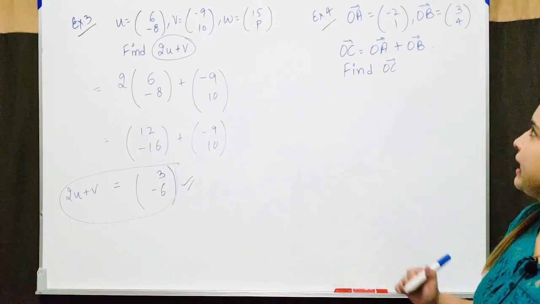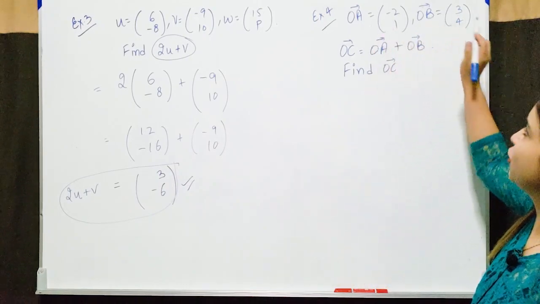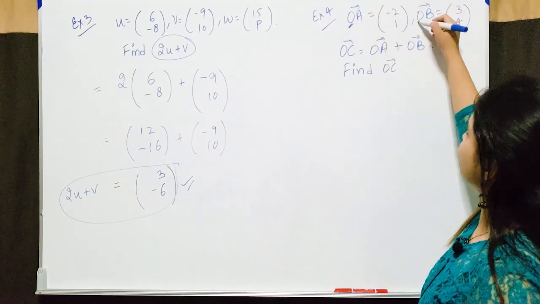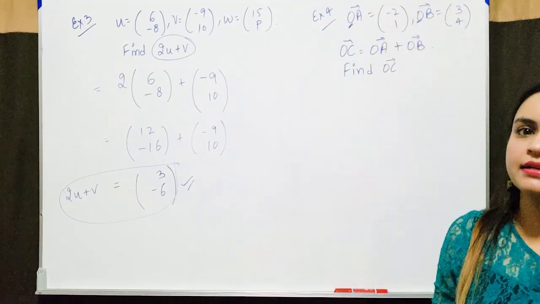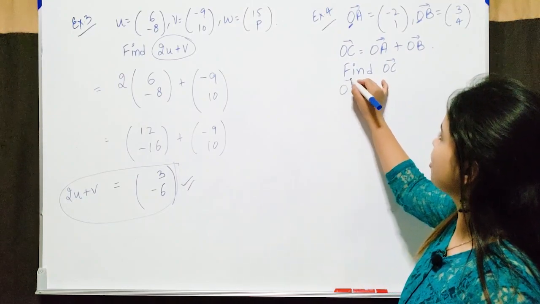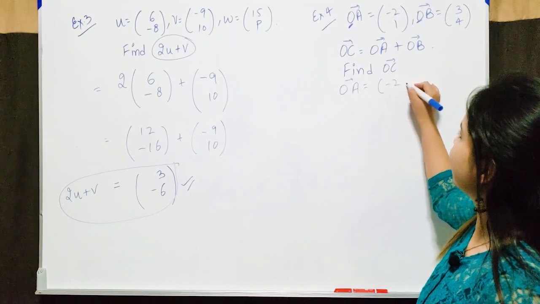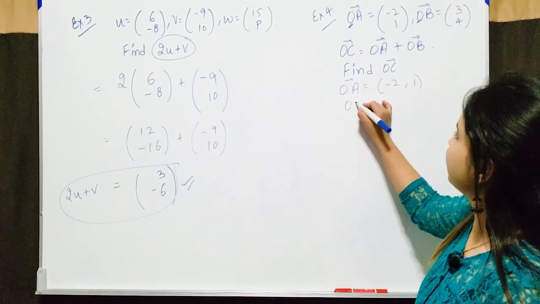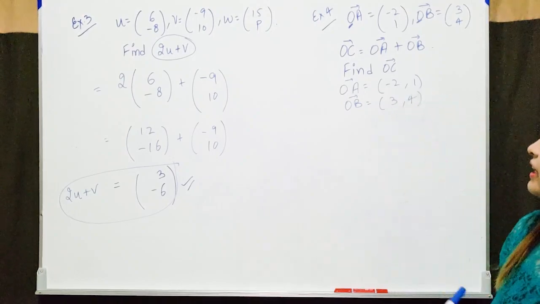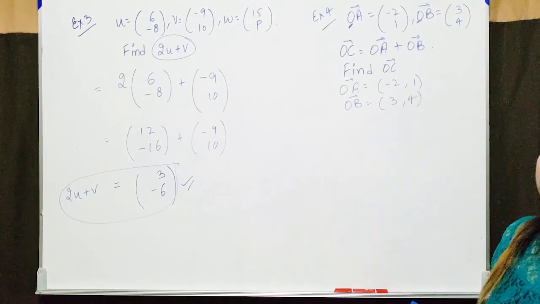Now in the second example, OA and OB are given. See, the starting point is O. That means this is a position vector. Okay. So what will be the coordinates of OA? (-2, 1). Coordinates of OB, (3, 4). Okay. Now you have to find OC.